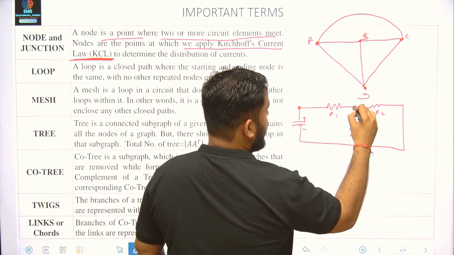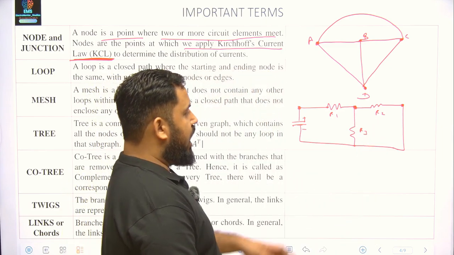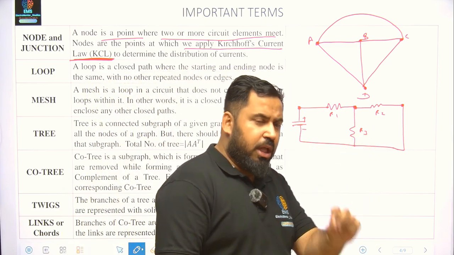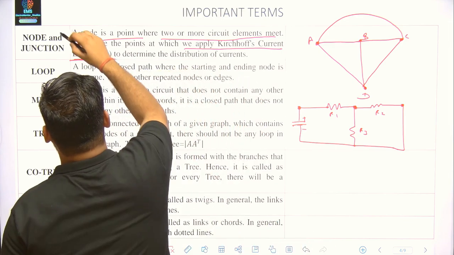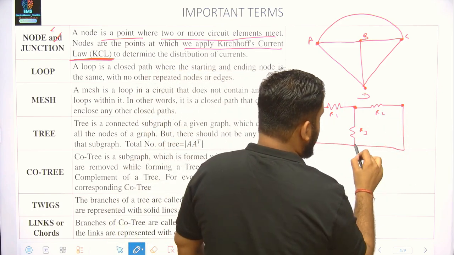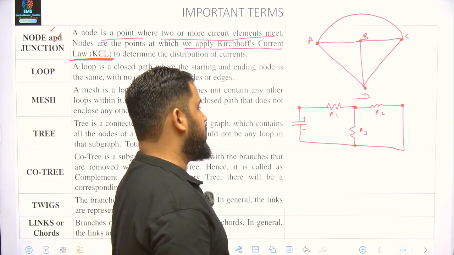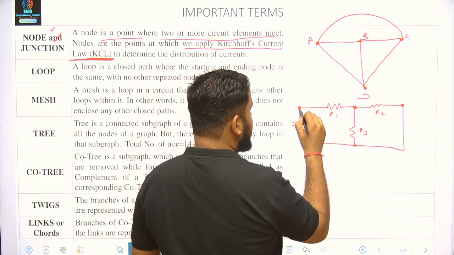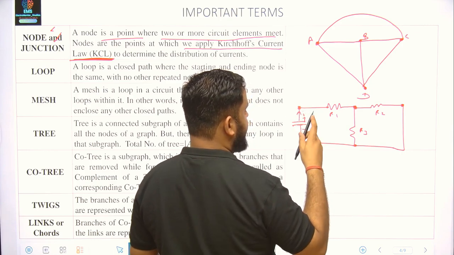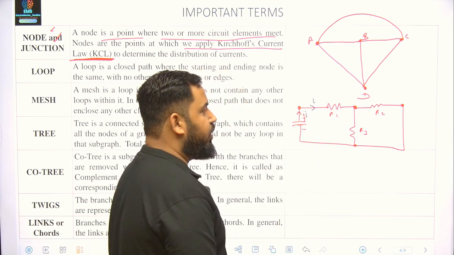Here three elements are connected. Here two elements are connected, R1 and R3. Now, if you see, I've written node and a junction. So let us just first understand. See, every point is a node, but there's just a difference between node and a junction. Let us see at this point, current is I. I'll just label it with I. Here current is I.